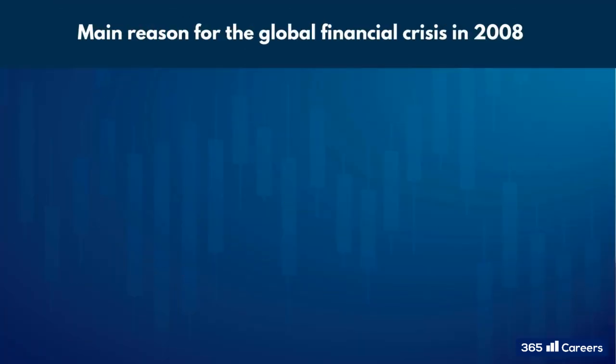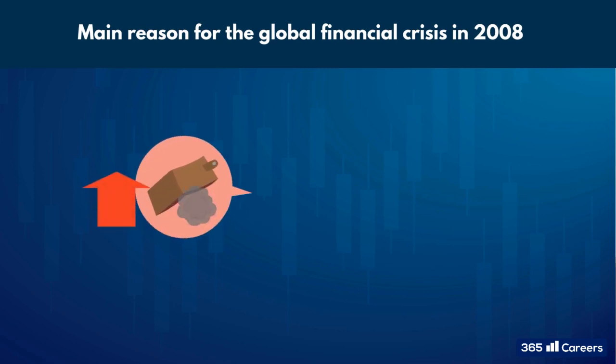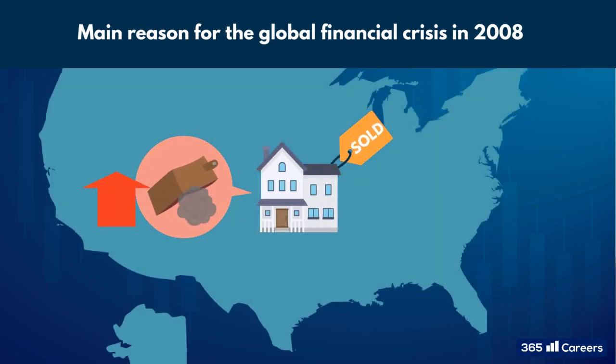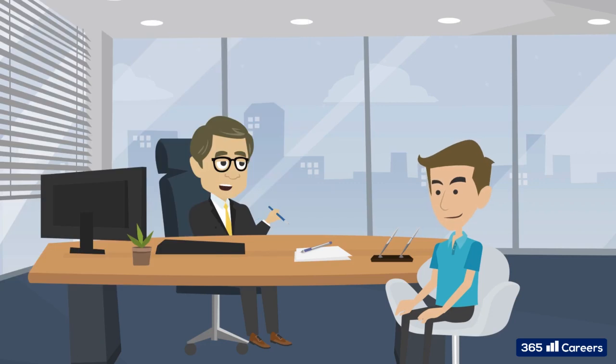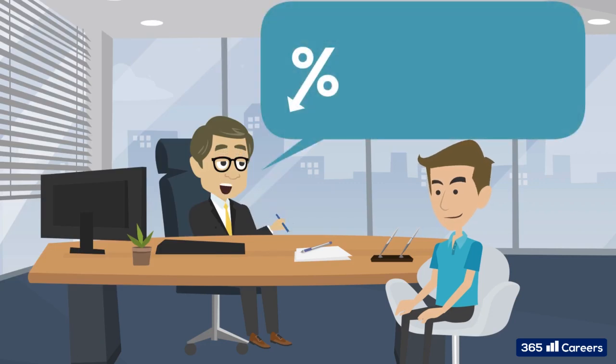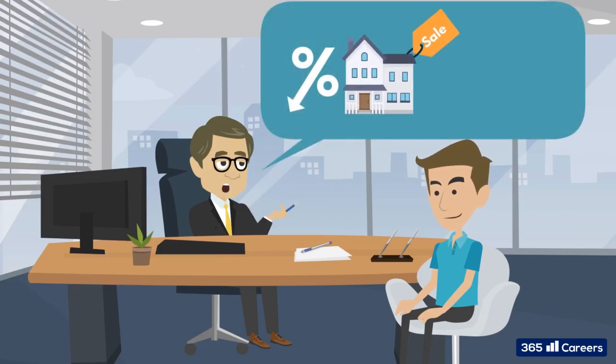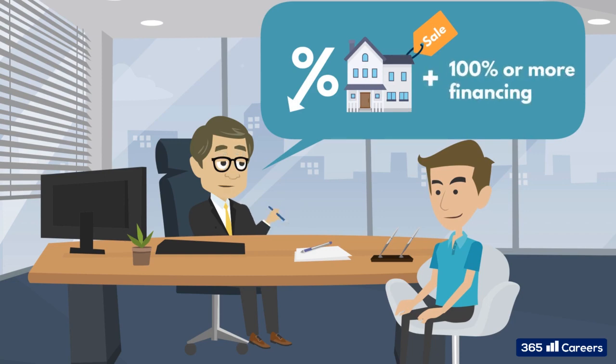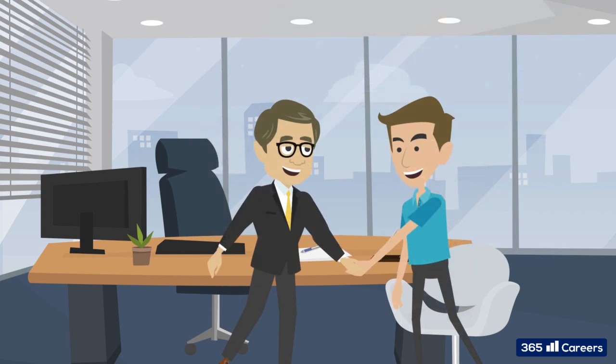The main factor that led to the 2008 financial crisis was high default rates of subprime home mortgages in the United States. First, low interest rates encouraged financial institutions, lenders, to increase mortgage lending. Banks were willing to finance 100% or more of the value of a new home.